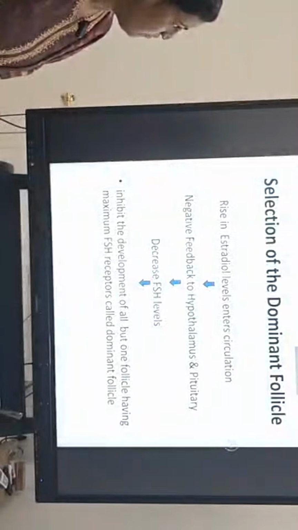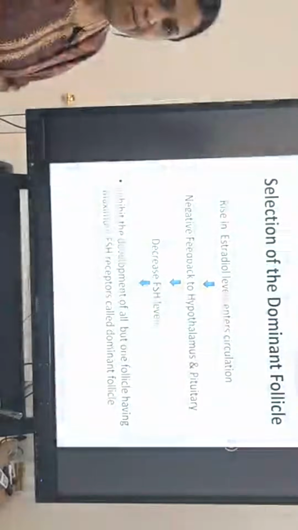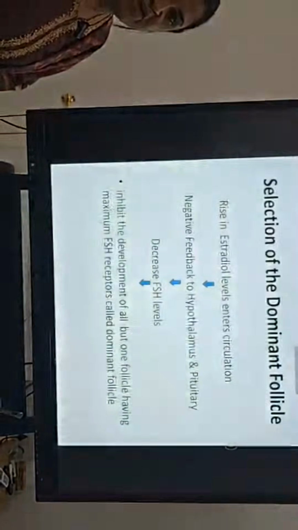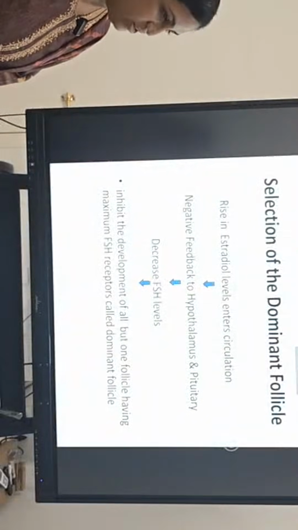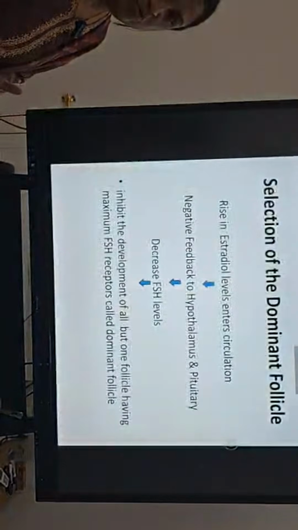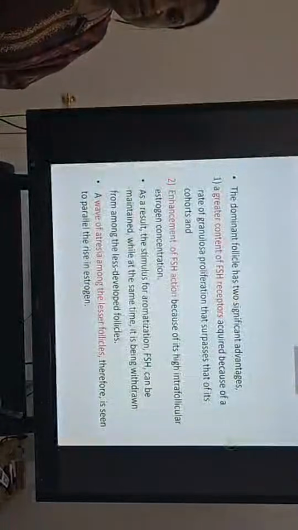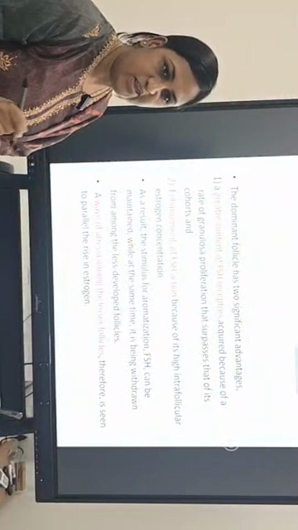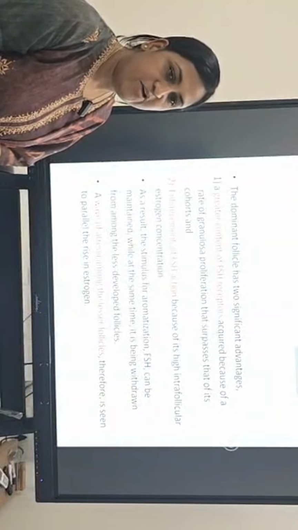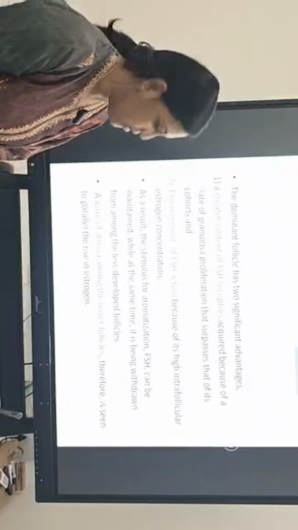Now, after the rise of estradiol level, there will be a negative feedback to the hypothalamus and pituitary, which will lead to a decrease in FSH level. This decreased FSH level will lead to selection of a dominant follicle. Only those follicles which have the largest number of FSH receptors and which have an enhanced FSH action will become dominant, and all the other follicles will become atretic.